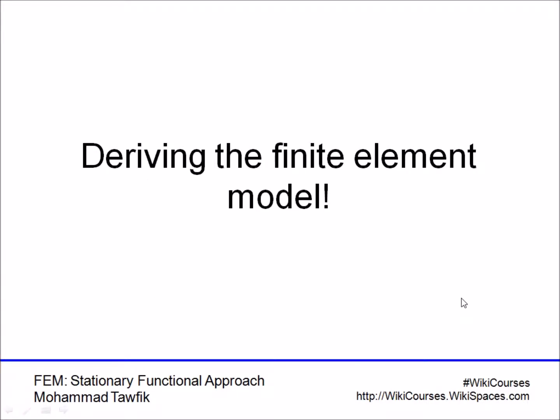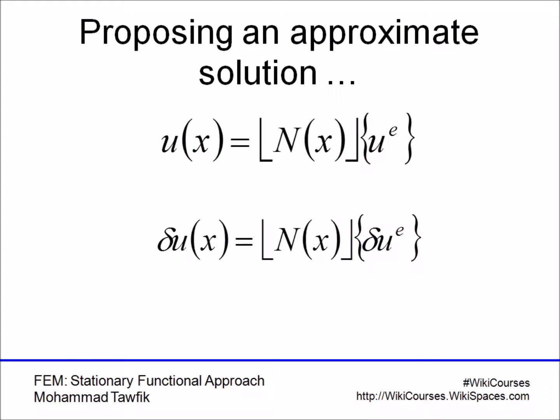Okay, now we're going to use the weak form that we derived in the previous video together with the shape functions that we use in the finite element model and the variation of the function. Here, the variation of the displacement would be the variation of the nodal deflections.